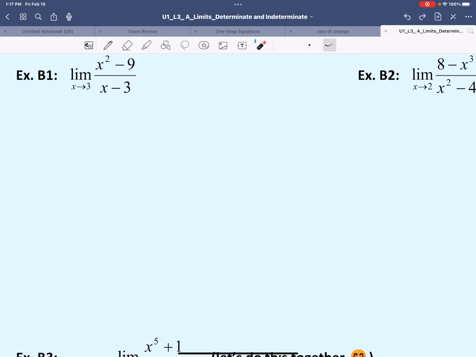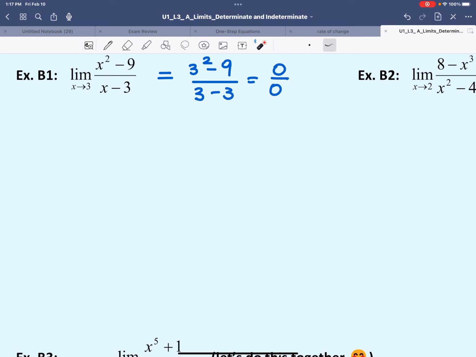So when I look at the limit as x approaches 3 of x squared minus 9 over x minus 3, and I try to evaluate it by direct substitution, I notice that I will have 3 squared minus 9, this looks like a 0 already, and over 3 minus 3, so we end up with 0 over 0. So obviously, this is an indeterminate form limit, so we cannot evaluate it by direct substitution.